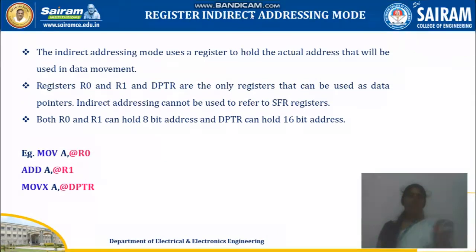In this mode you use only R0, R1 and DPTR. Only these three registers are valid in indirect addressing mode instructions. In indirect addressing mode you cannot refer to SFR registers. SFR registers can be referred to either with immediate addressing or direct addressing.